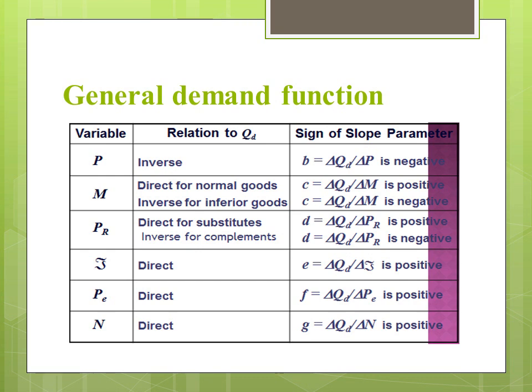Next is price of related goods. Price of related goods may be substitute goods or complement goods. In the substitute case, the relationship between the price and substitute goods is positive and direct. For example, Pepsi and Coke are both related goods.